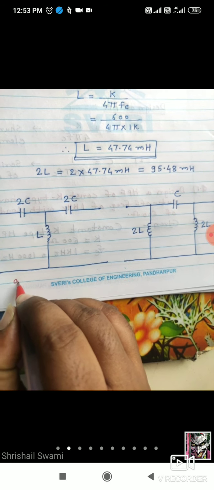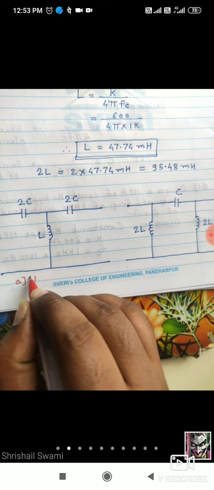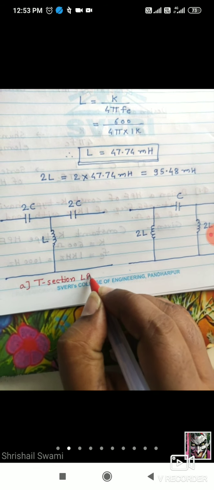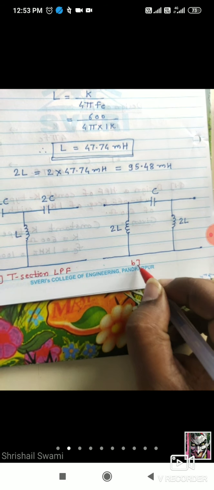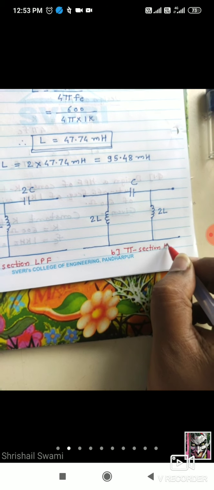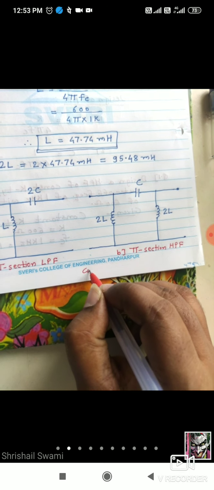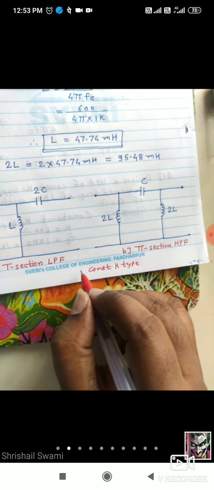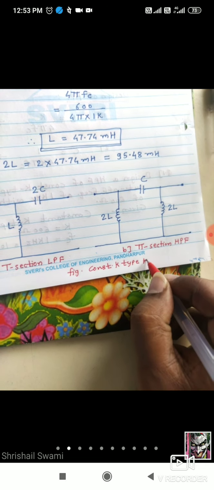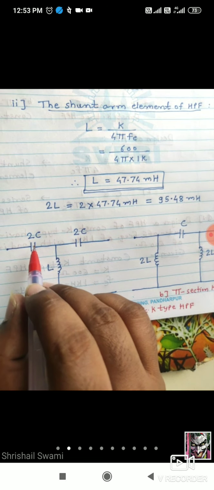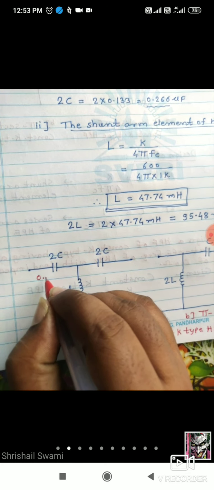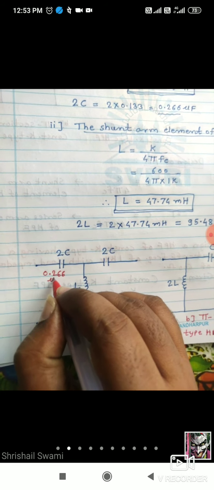So you can mention here figure number A, that is T section, constant K type HPF. This is pi section, constant K type HPF. Now 2C, how much value of 2C? 0.266 microfarad.